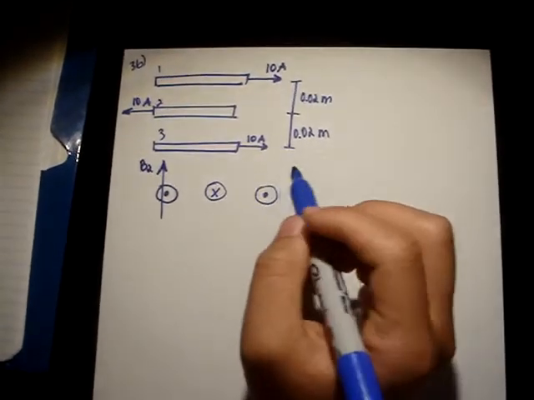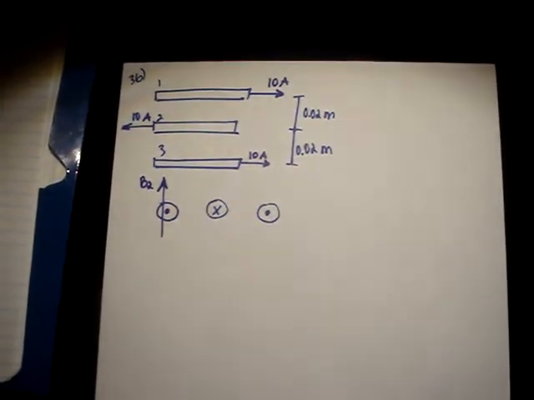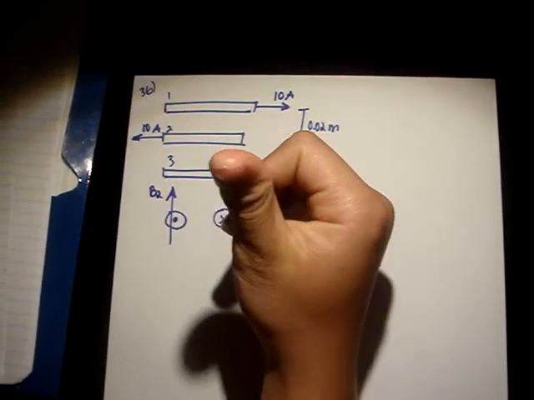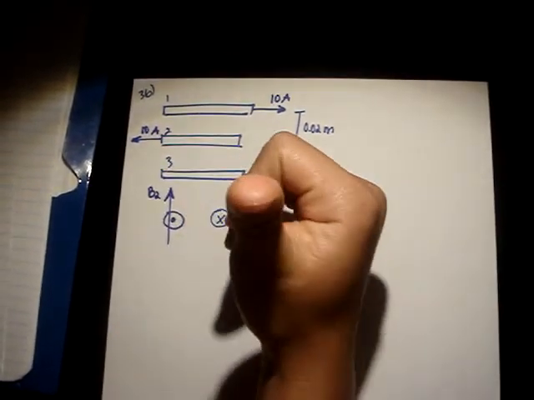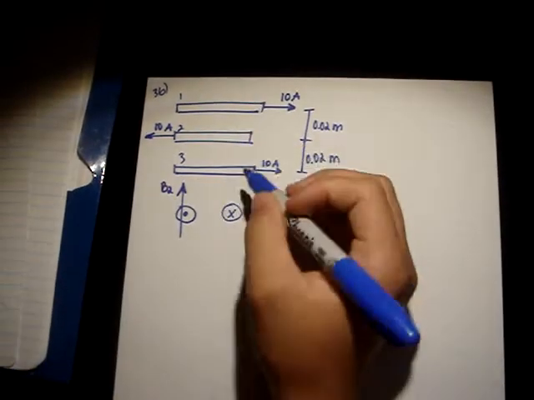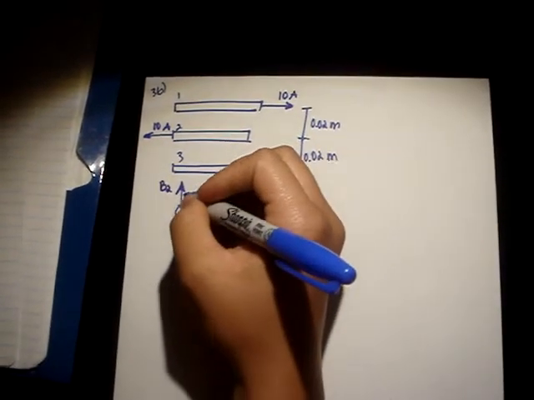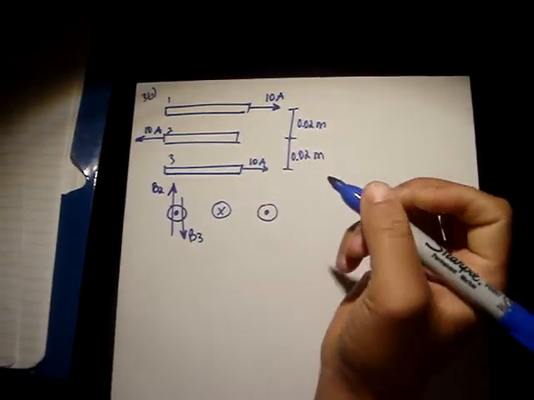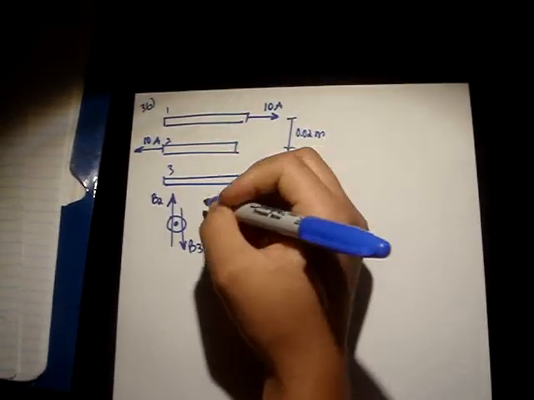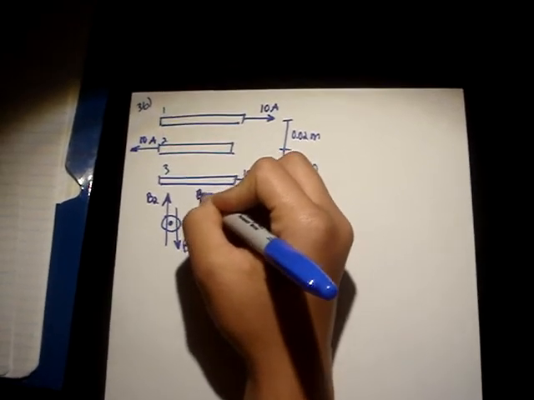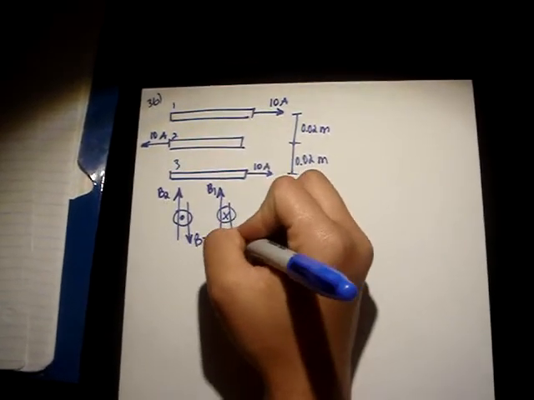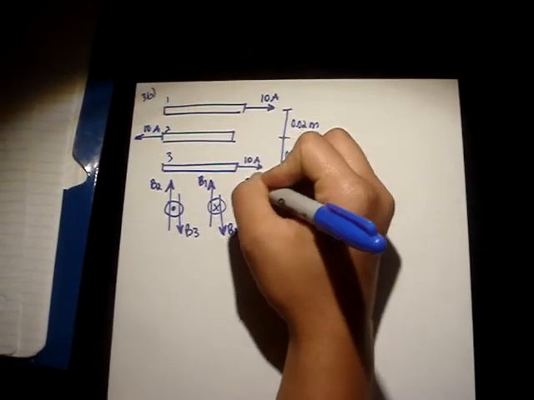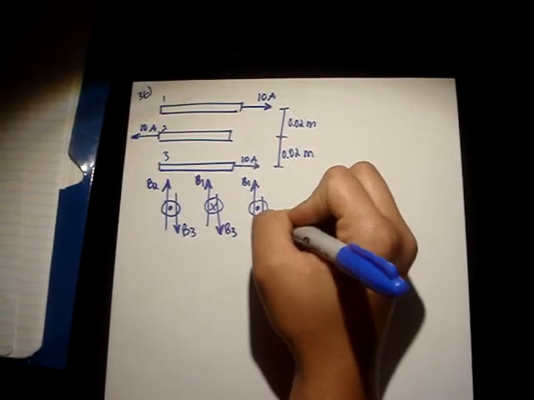For the third wire, the current is going out of the page and around the wire, so it's going to exert a magnetic field going down. That'll be B3. We repeat this process for the second and third wire, and you'll get B1 going up and B3 going down for wire 2. For the third wire, you'll get B1 going up and B2 going down.